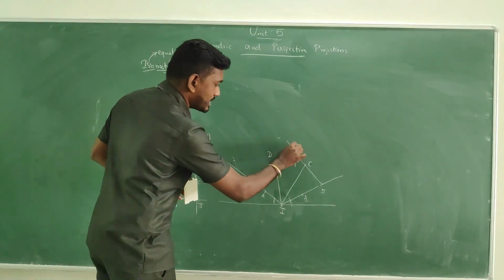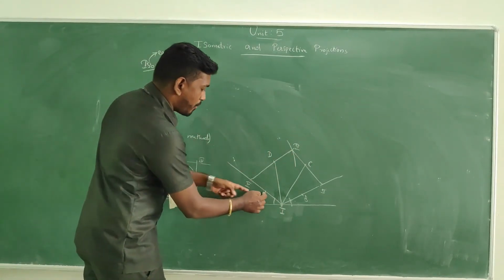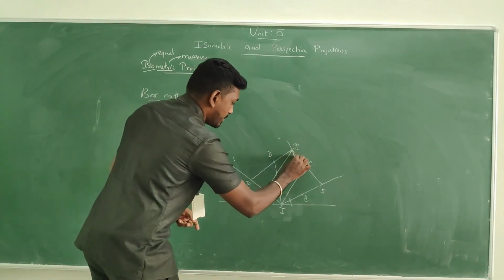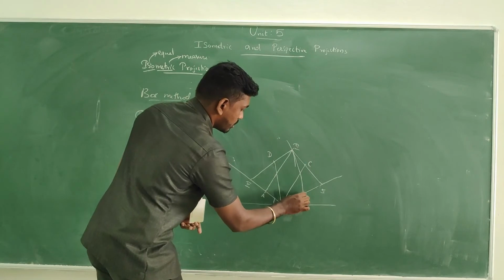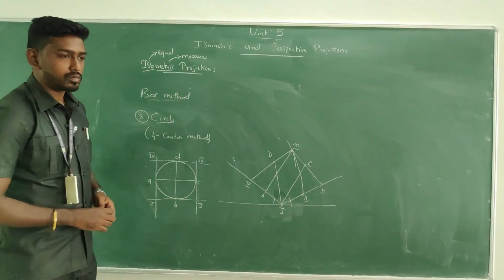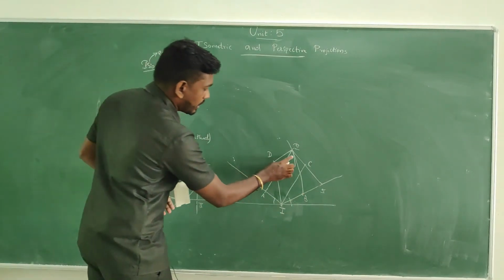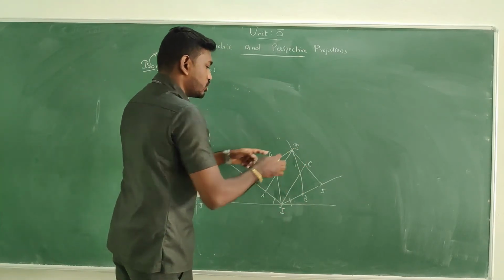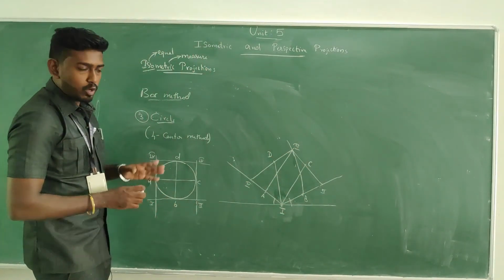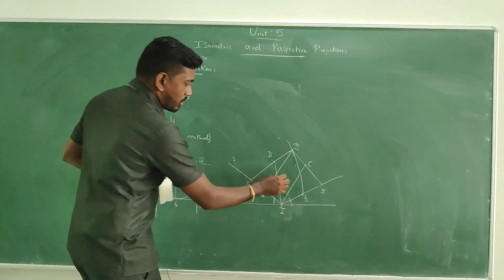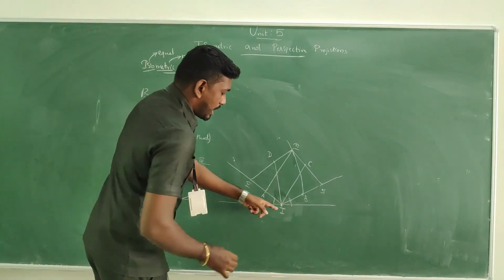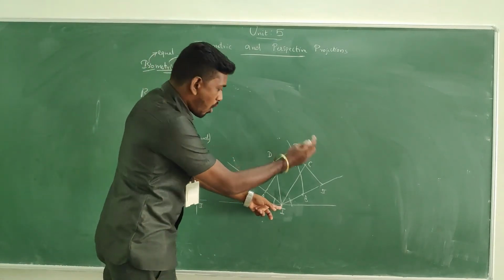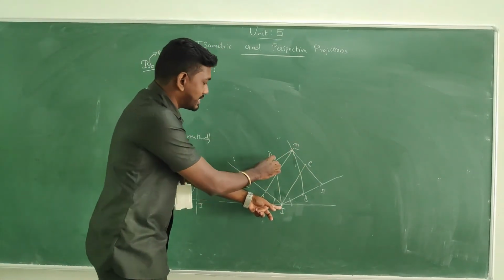Then concentrate on 3. From the opposite midpoints, bring a line to it. So this is how the lines will come. From A and B, take a line to 3. Now keep 1 as center and measure the radius 1 to D or 1 to C, both with the same measurement.